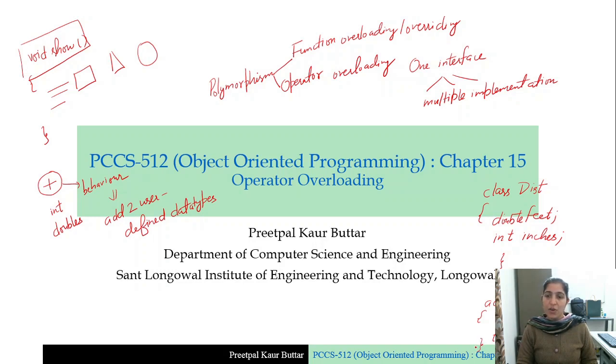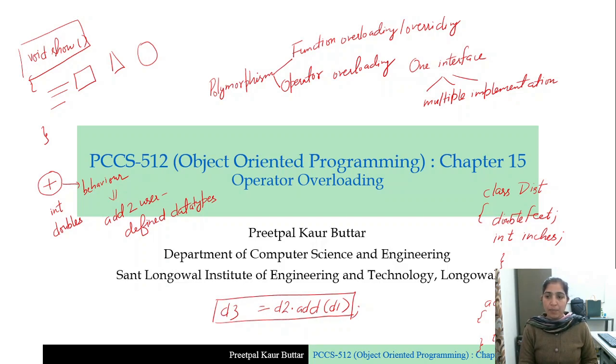What is this.inches? This.inches means the calling object through which we are calling this. Suppose we are calling this using d2, then d3 is equal to d2.add(d1). This will be the statement through which we can call this add function.